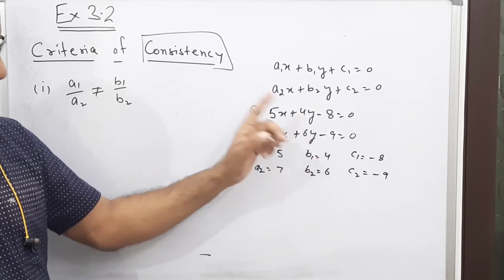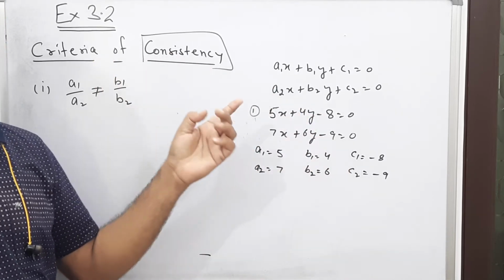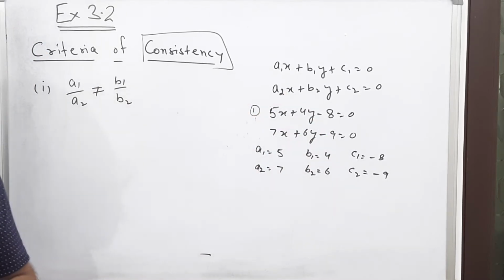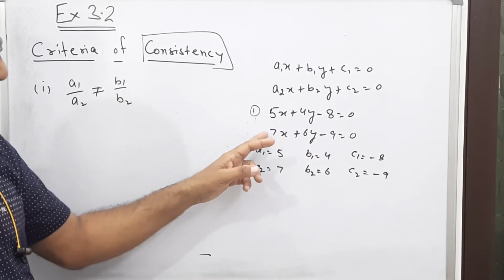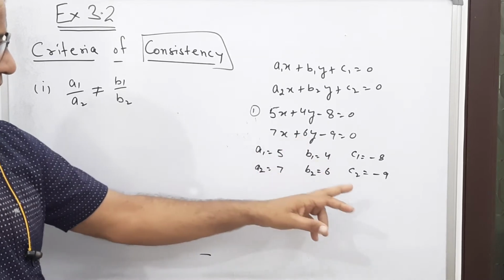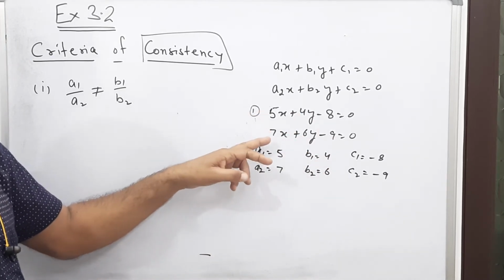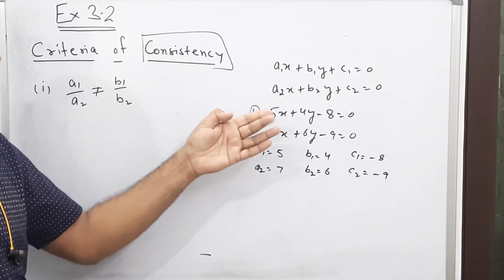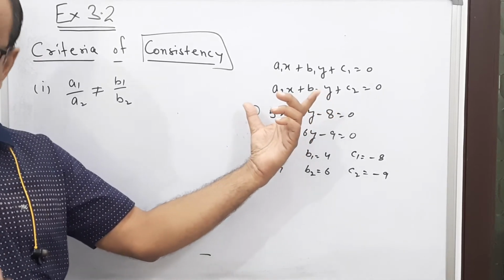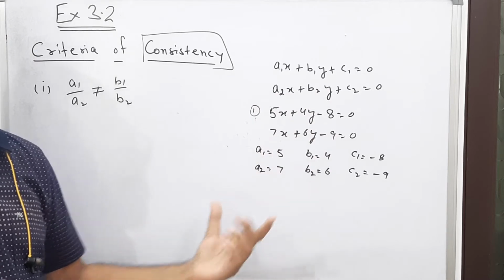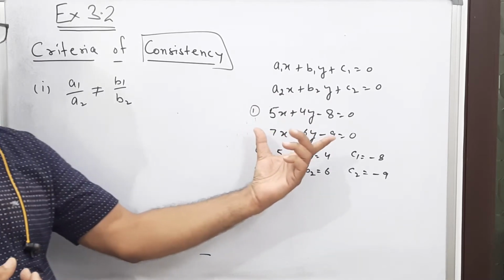The coefficient of y. What is c1? The constant in the first equation. Then a2 is 7, b2 is 6 and c2 is minus 9 in the second. Which is the first and which is the second? The equation we write in the first place is the first equation, and the one we write in the second place is the second equation.